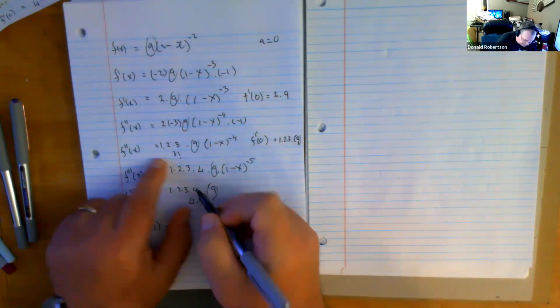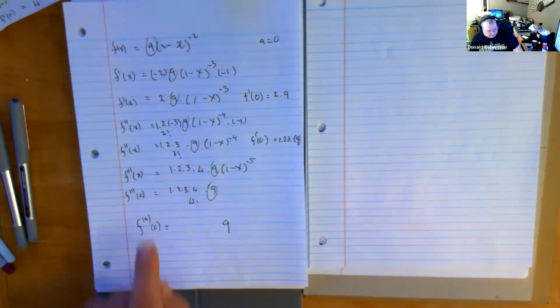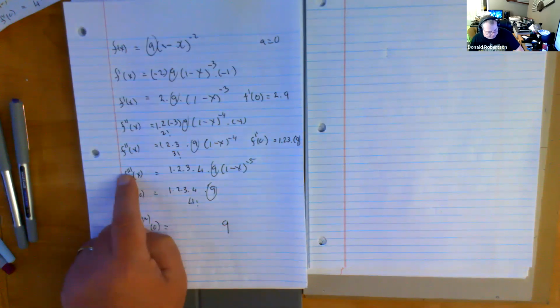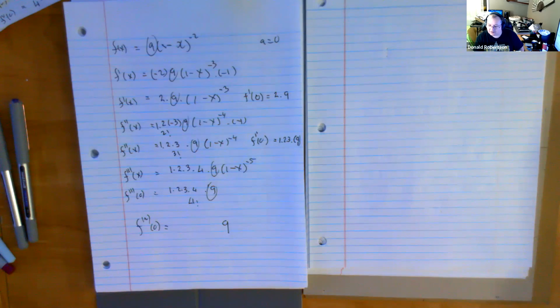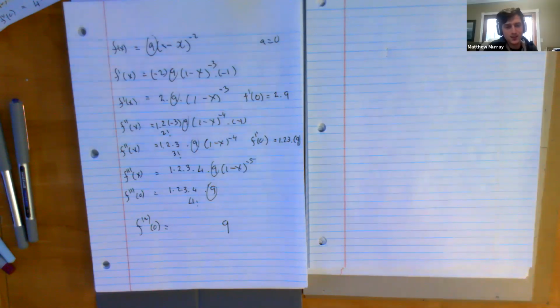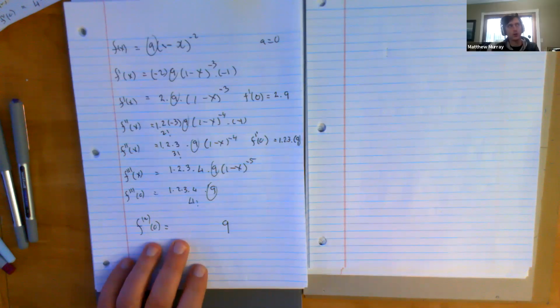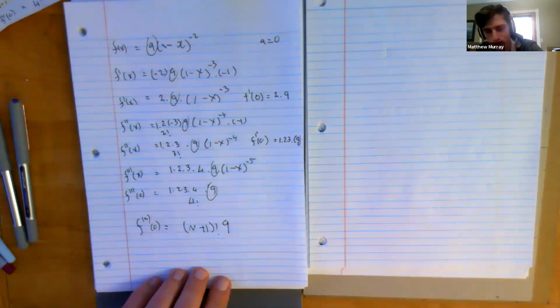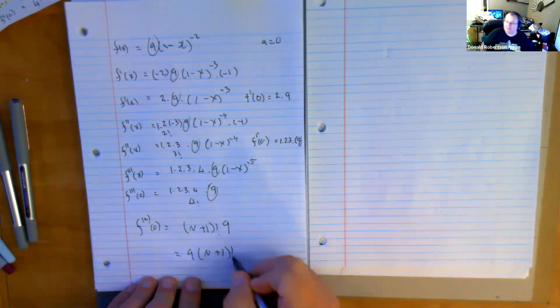If you stick a 1 at the front, isn't this guy 2 factorial? So what does that tell me? That the third derivative gets me 4 factorial, right? The second derivative gets me 3 factorial. So I should be able to figure out what the nth derivative gets me. So it's the n plus 1 factorial? Yes. Okay. And I would probably stick the 9 at the front because it just looks nicer, right?